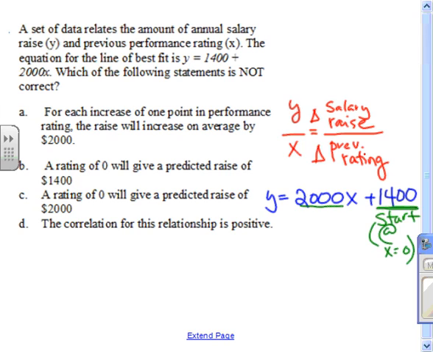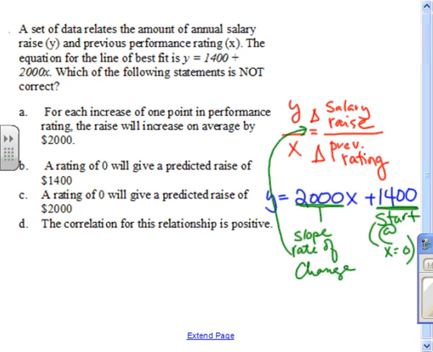And that 2,000, which is 2,000 over 1, is your slope, which is also the rate of change. How much your salary changes based on your previous rating.